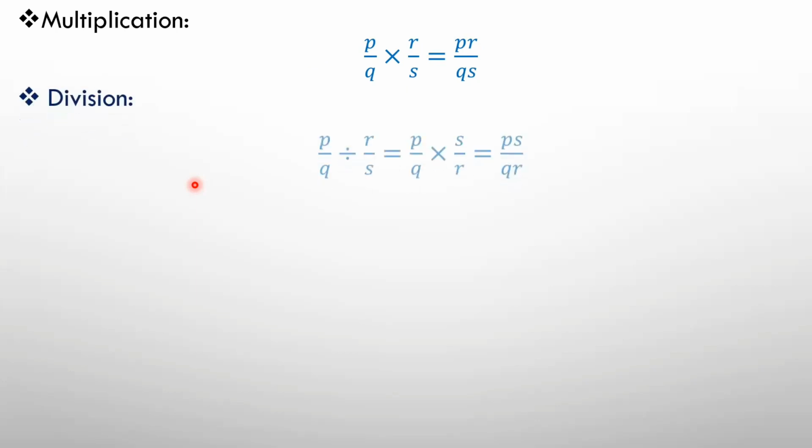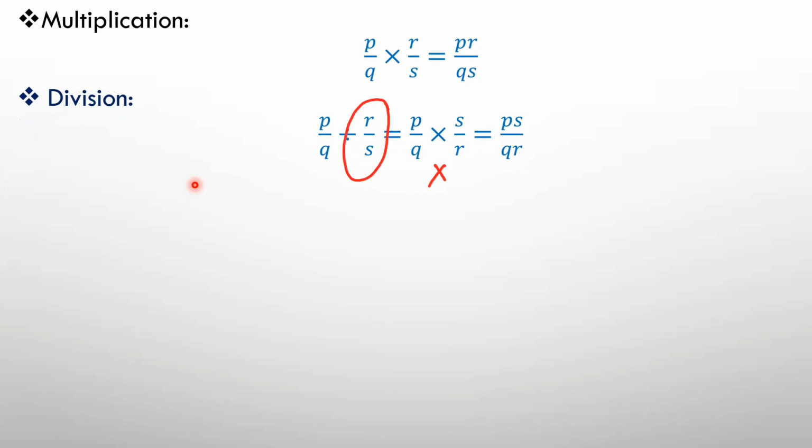Now division. P upon Q divided by R upon S. So how to write this? We can convert it to multiplication. Write down P by Q as it is, then multiply by the reciprocal of R upon S. And the reciprocal of R upon S is S upon R. Reciprocal means the numerator will become the denominator and the denominator will become the numerator.